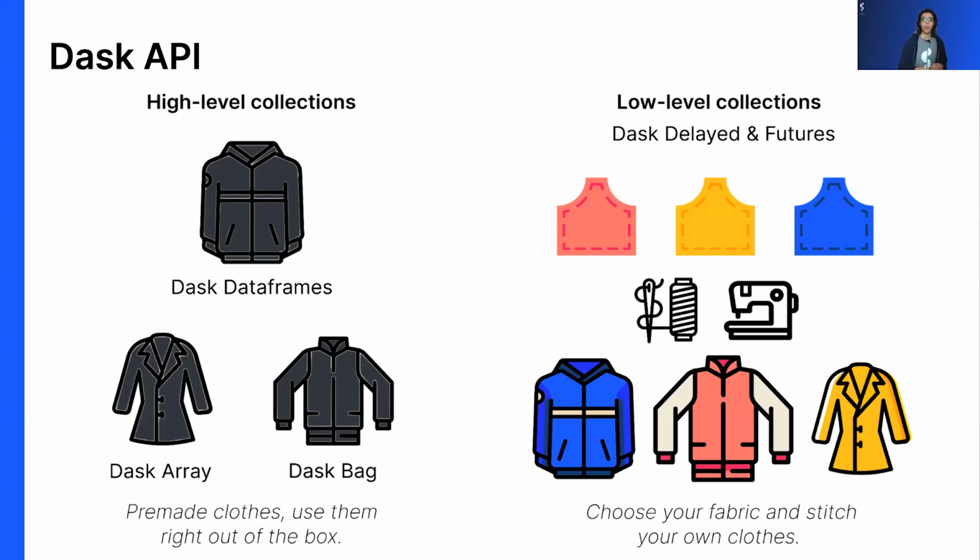And what we're going to see more of today is one of the low-level collections, which in our case is going to be Dask Futures. The low-level collections are the best tool for fine control and to build custom parallel and distributed computations. So you can submit arbitrary functions for computation in a parallelized, eager, and non-blocking way.